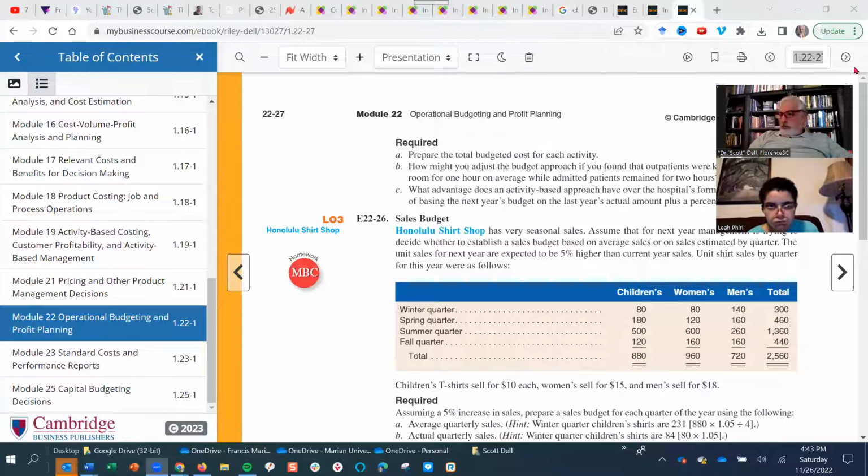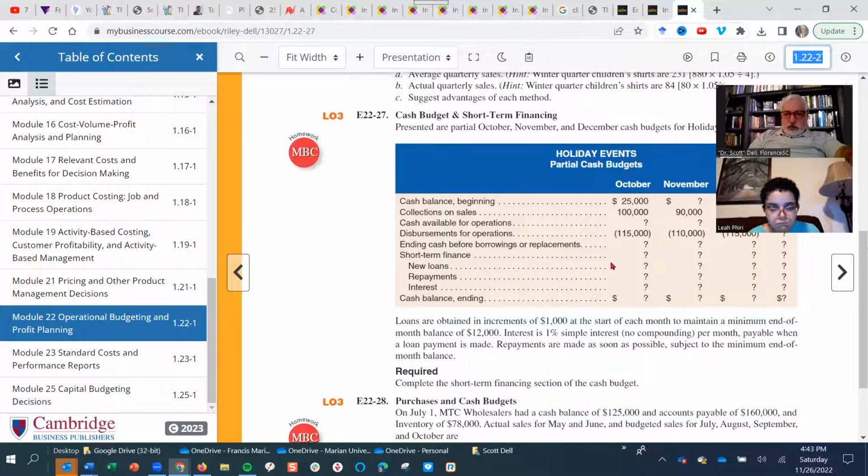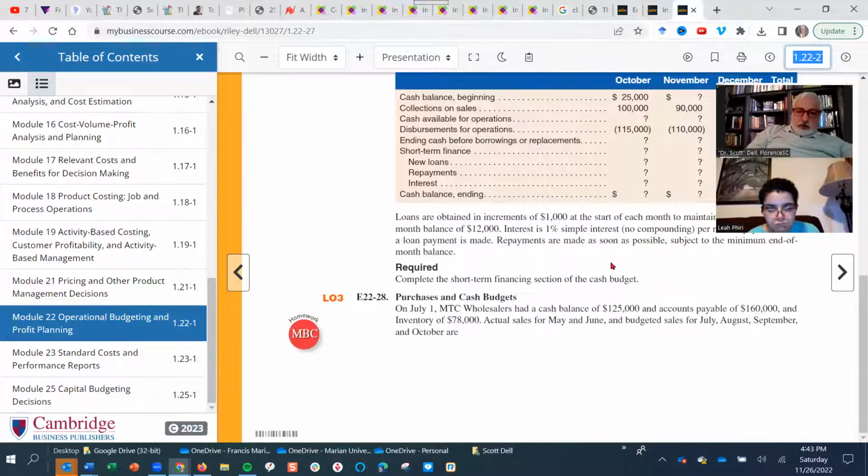So what we're trying to do, and let me go ahead and share the screen at this point. I'm on page 22-27, which if I scroll down to the bottom. Okay, so we've got a purchase and cash budget we're trying to work on.